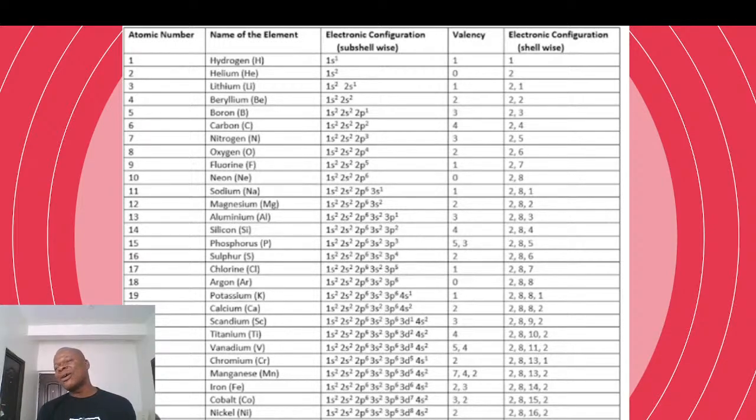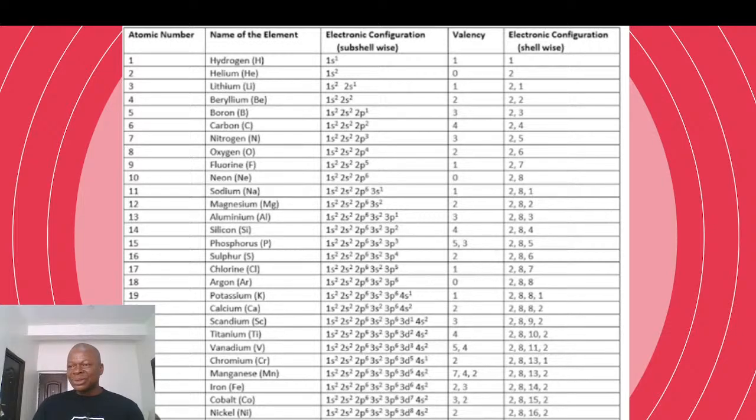That is the atomic number of sulfur. If you arrange the electrons in K, L, M shells, you have 2 electrons at the K, 8 electrons at the L, and 6 electrons at the M shell.